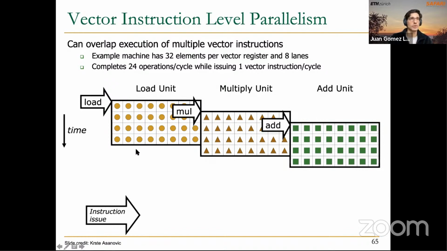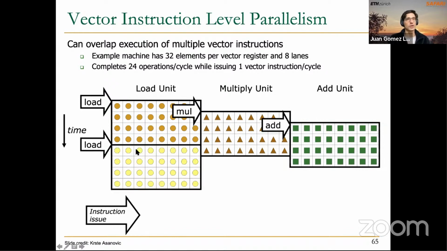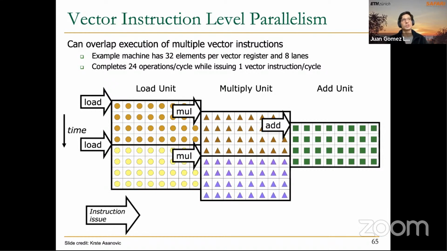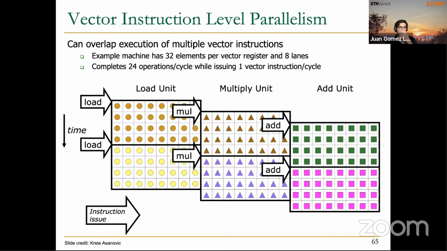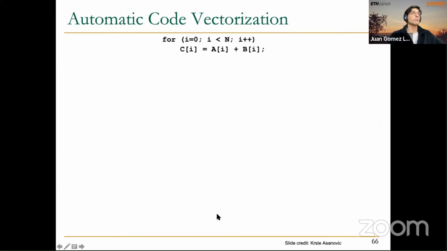After we are done with the 32 elements, we can go to the next load instruction or the next multiply instruction or the next add instruction. And as you see here, at the same time, we are executing different instructions on different units. In the same space, we are executing the same instruction on different values as well. So this is the combination of both.